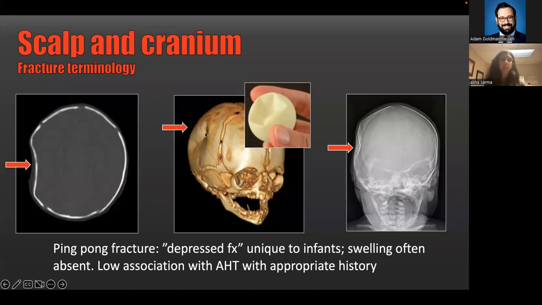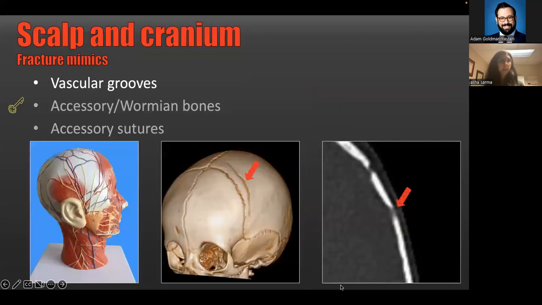I remember one case where the child fell on a toy truck, and at the site visit, that all correlated with the shape of the fracture. Interestingly, these are often not associated with swelling, and if the history fits, there's a low association with abusive head trauma. So don't mistake that for a depressed fracture.